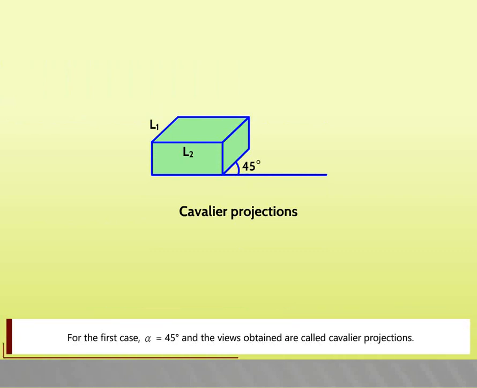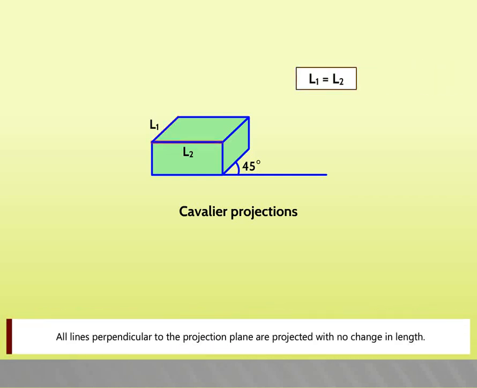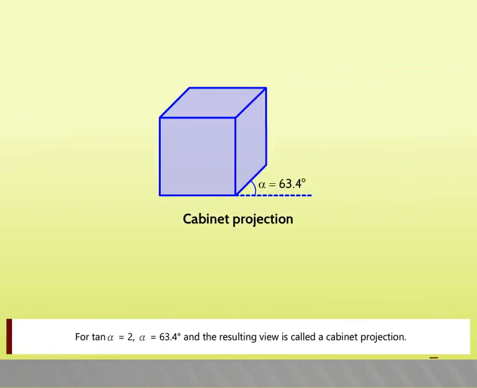For the first case, alpha is equal to 45 degree and the views obtained are called Cavalier Projections. All lines perpendicular to the projection plane are projected with no change in length. For tan alpha is equal to 2, alpha is equal to 63.4 degree and the resulting view is called a cabinet projection.